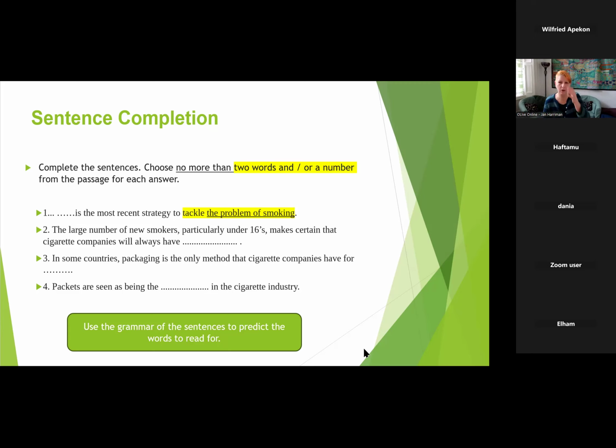Think about all the ways, what are the words that you can use to think about stopping people from smoking? Very good. Right. So the large number of new smokers, particularly under 16s, makes certain that cigarette companies will always have.